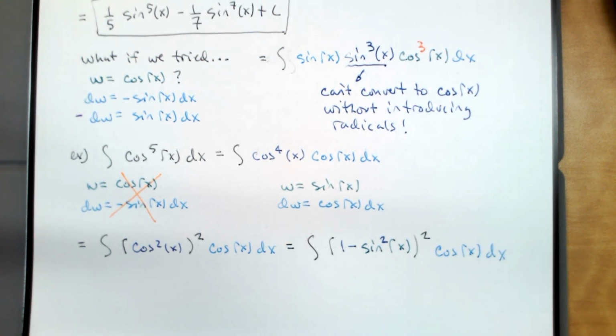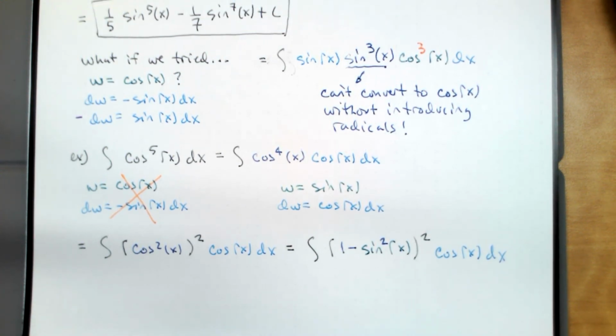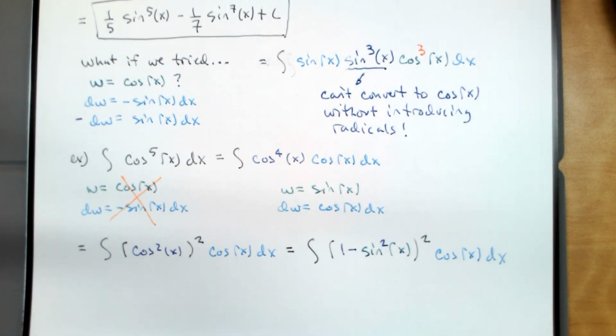Because now I'll have a polynomial in sine. That one factor of cosine is going to be my dW.